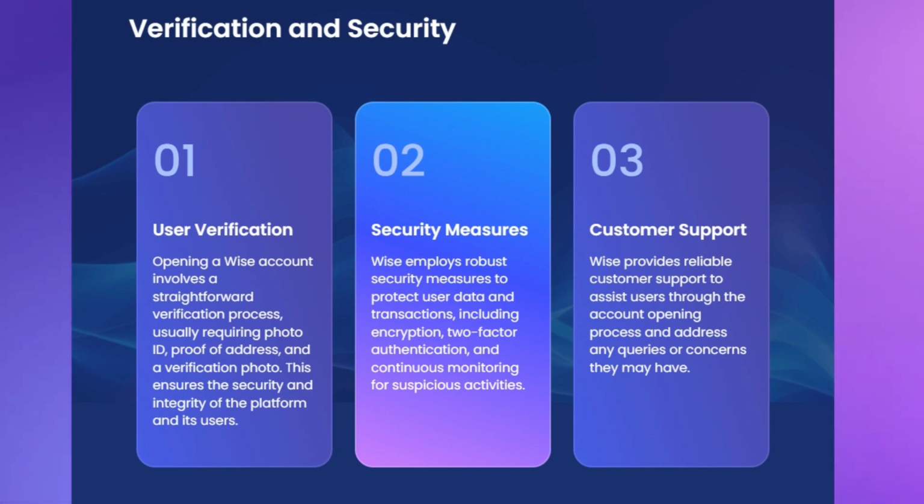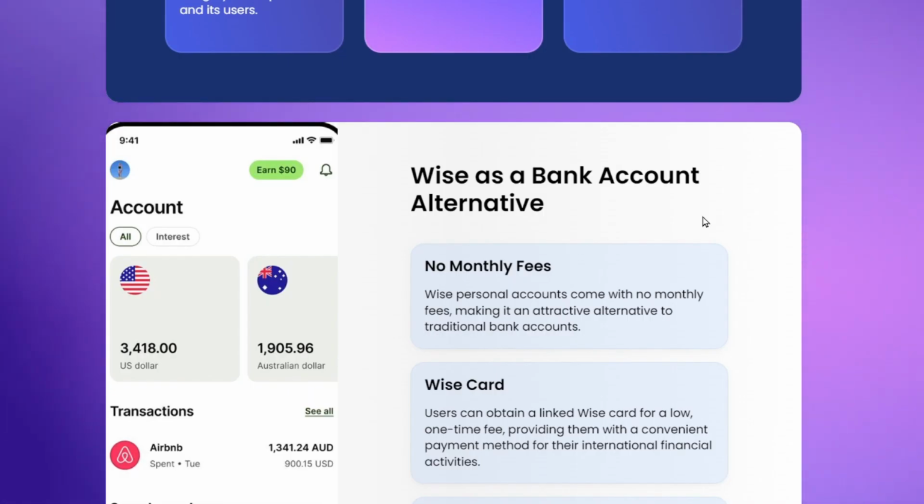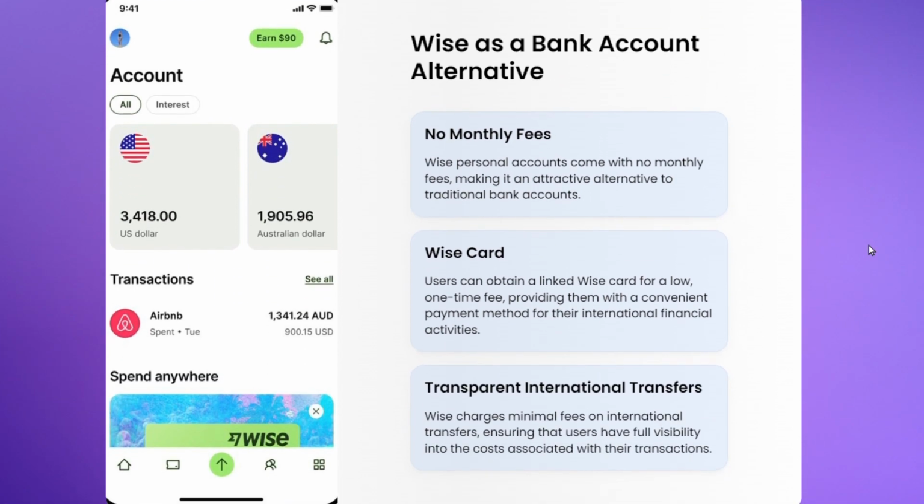You can use Wise as a bank account alternative. Because you don't have monthly fees, Wise personal accounts come with no monthly fees, making it an attractive alternative to traditional bank accounts.